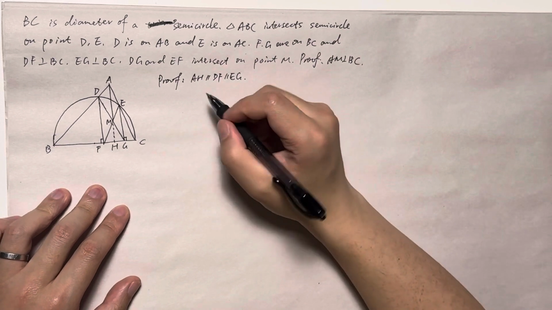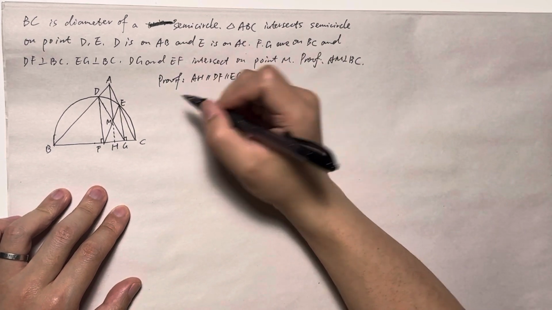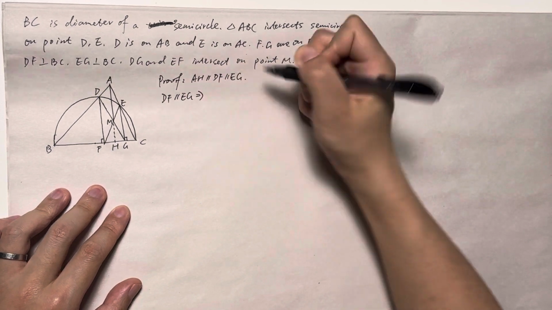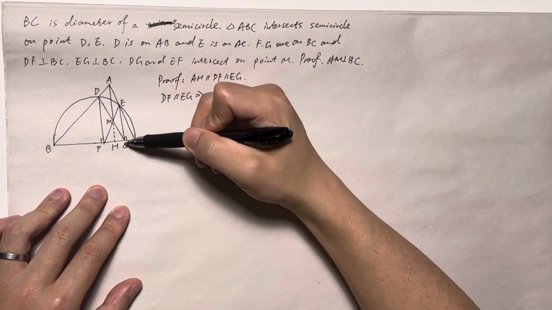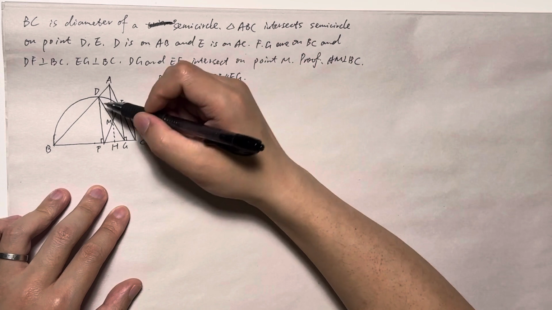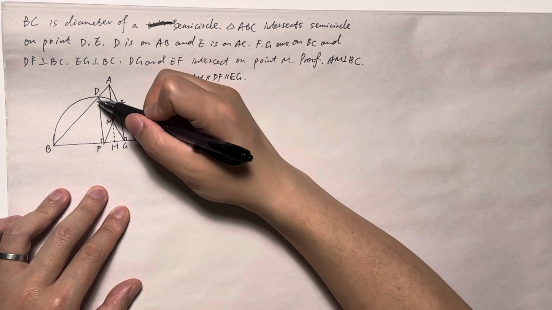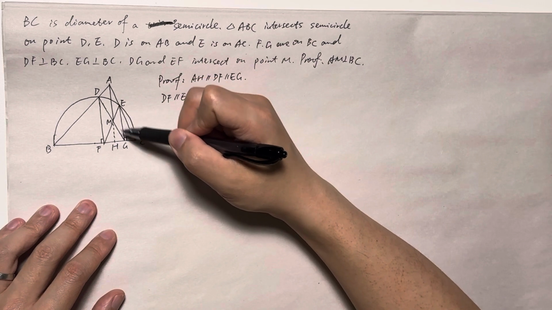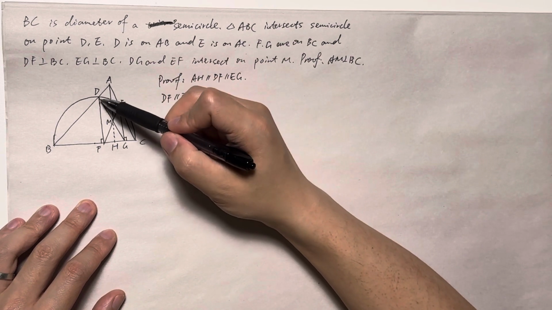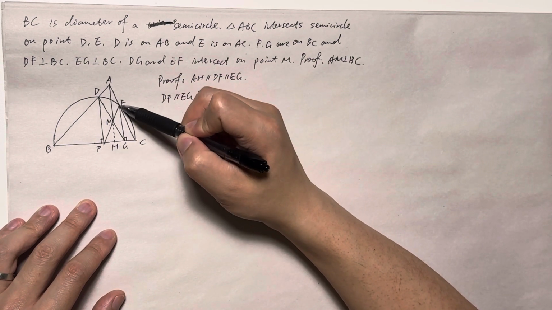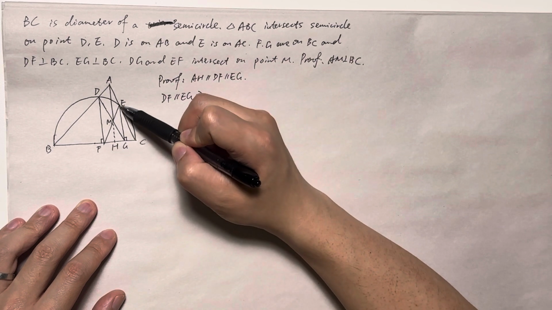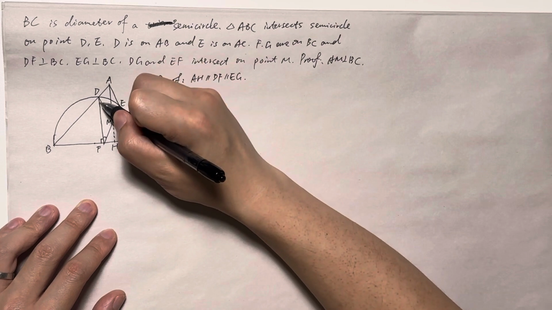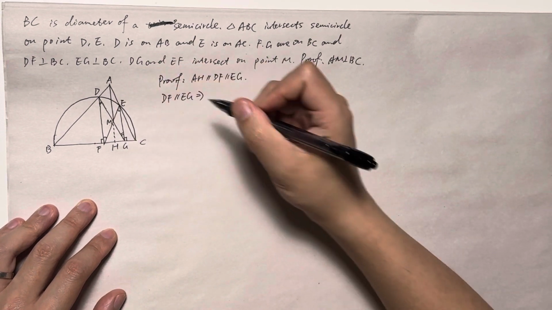So what we can get from the condition that DF is parallel to EG, we get angle FDG equals angle EGD, and angle DFE equals angle FEG, right? This one equals to this one equals to this one.